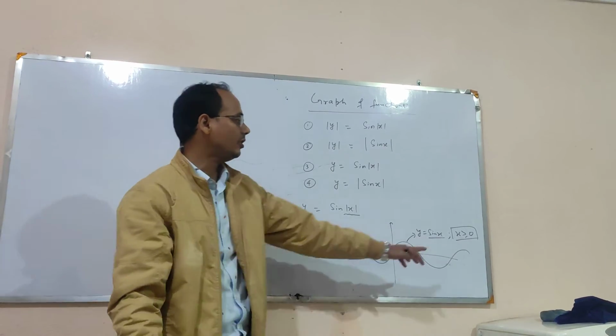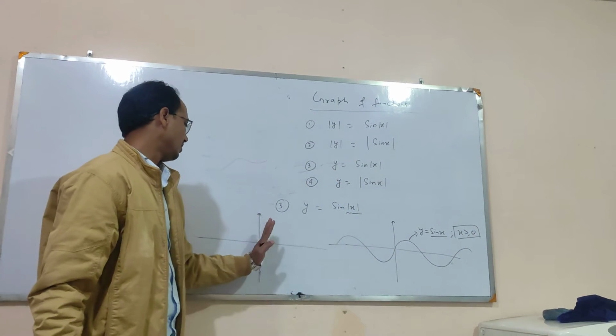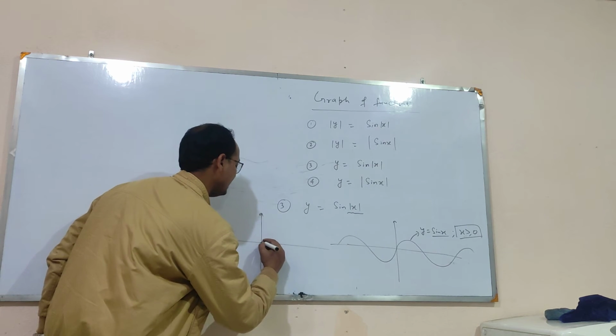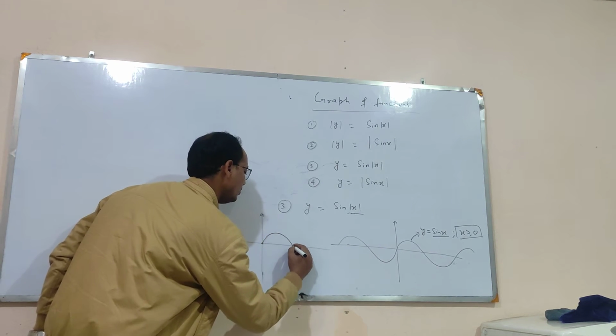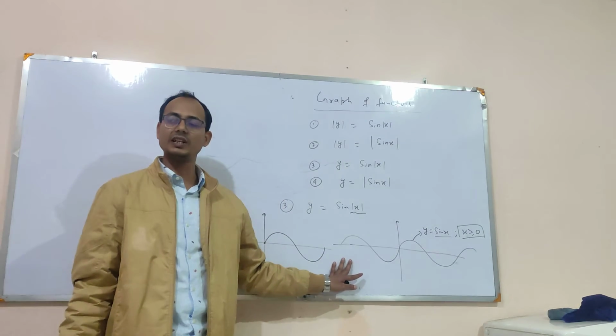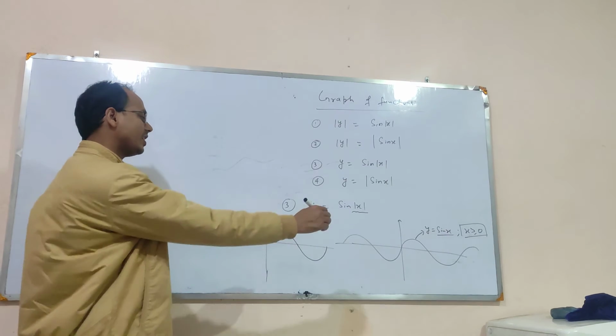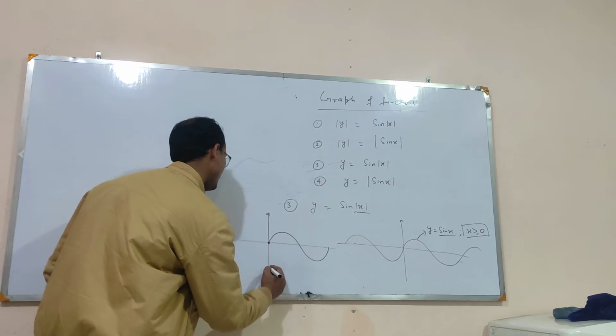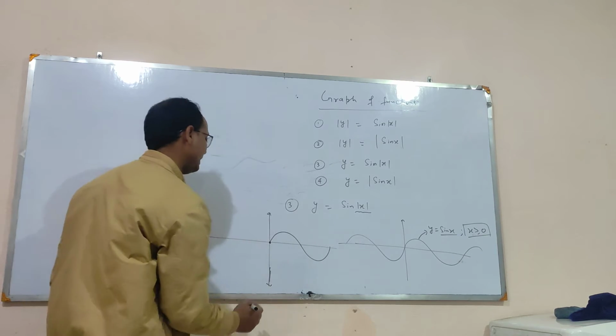For x greater than equal to 0, means from 0 to the right side, this is our graph of sine x. Now what we are supposed to do is just reflect this graph about the y-axis.